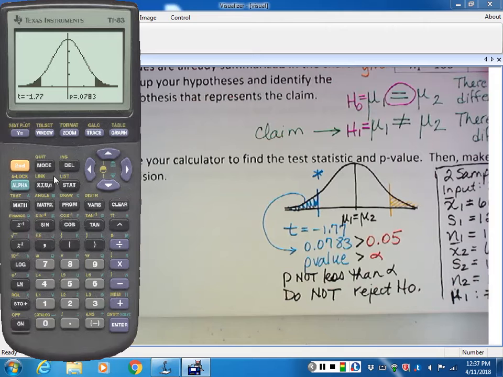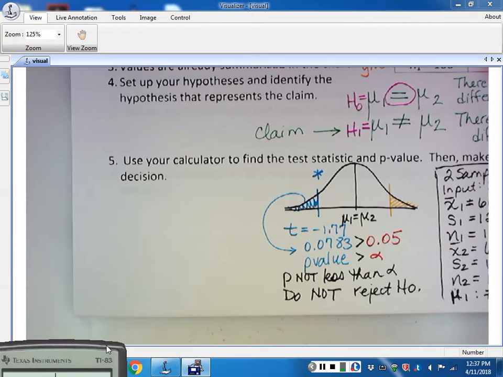So our conclusion is we do not reject H0. Okay? We do not reject H0.